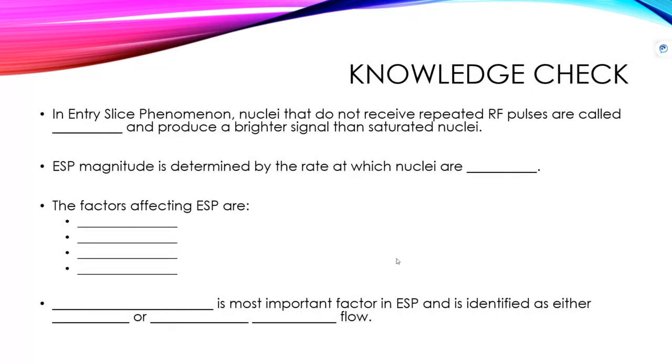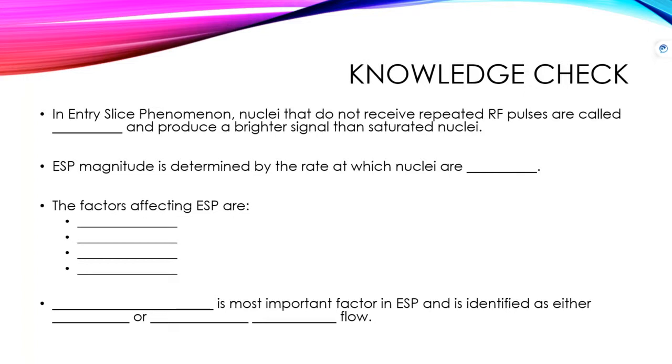Okay, let's answer some real quick questions. First one, in entry slice phenomenon, nuclei that do not receive repeated RF pulses are called what? They produce a brighter signal than saturated signals. Go ahead, Reggie. Fresh? Yes.